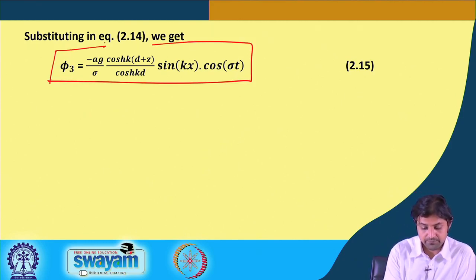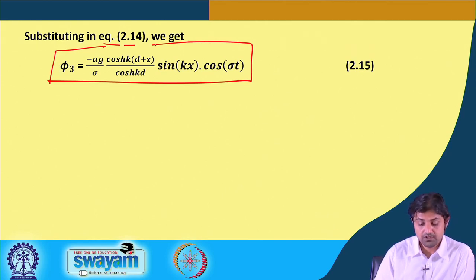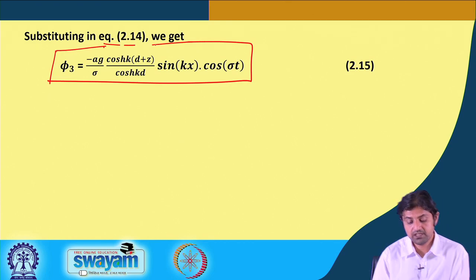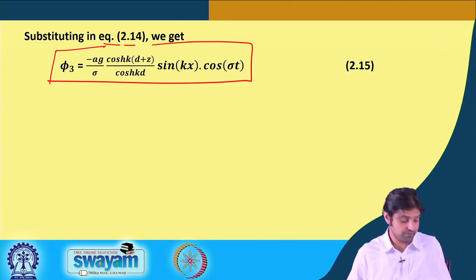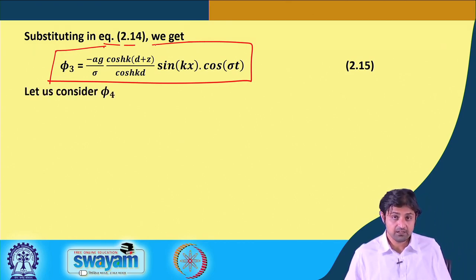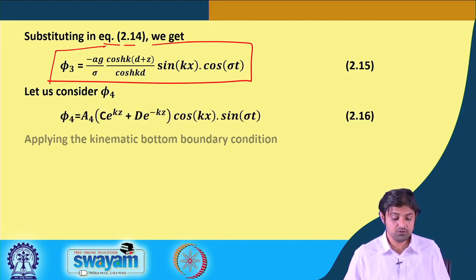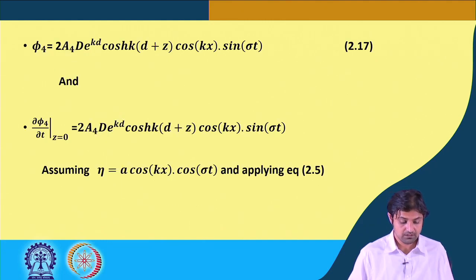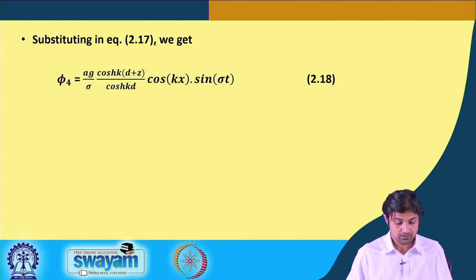You understand? Same procedure. So, phi 3 we get minus Ag by sigma cos h k (d plus z). Similarly, we get phi 3.